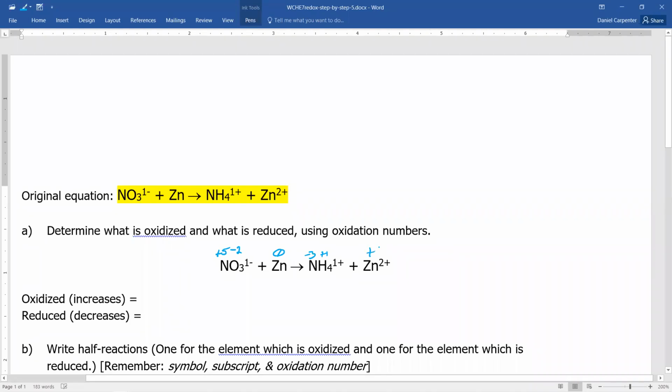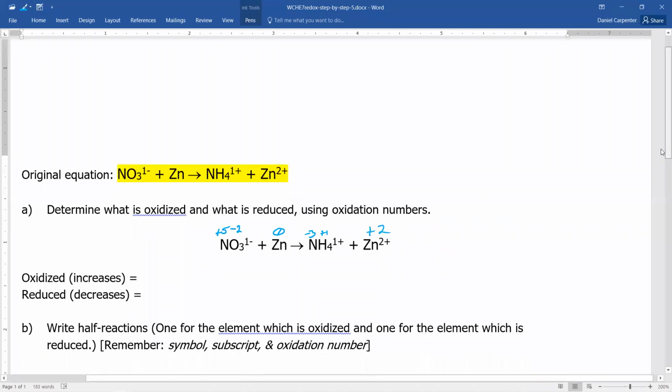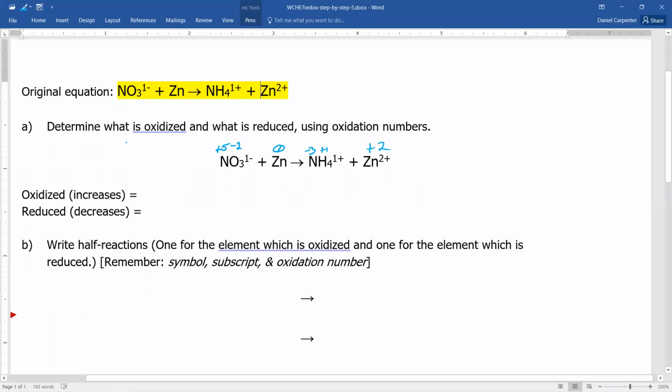And ions are the same as their charge. So +5 to -3, that's a decrease, so that's reduced. 0 to +2, that's an increase, so that's oxidized.